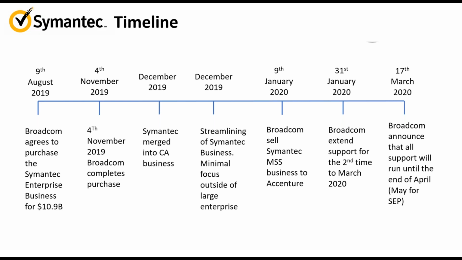But because they're not able to do it, the only way that they could was just continue to extend the support. So you would have potentially had products that have been due for renewal since November that you may have had a quote, but if you placed an order, you've probably not seen a certificate because they've not been able to book it. They've just extended that and extended that and extended that.